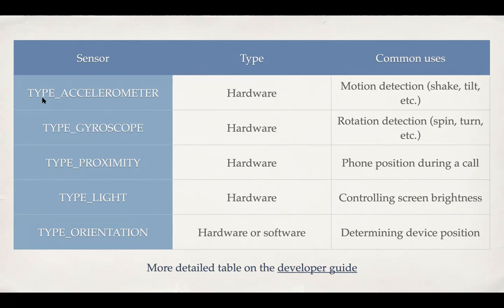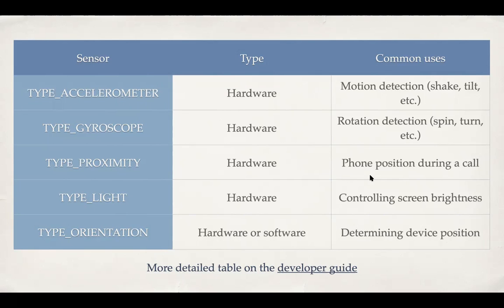You have an accelerometer, which is a hardware sensor, and it gives you motion detection, like shaking the device, tilting the device, etc. You have a gyroscope, which gives you a sense of rotation, again a hardware sensor. If you spin or turn the device, it will tell you that.